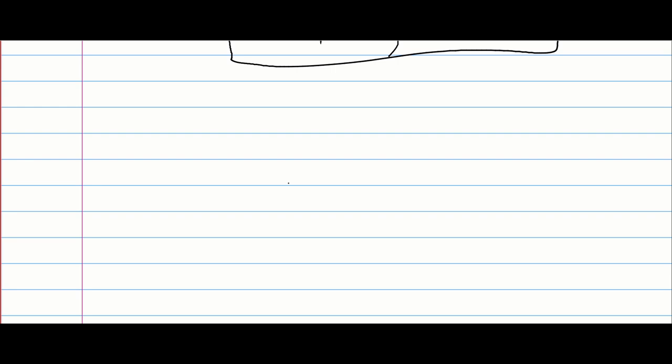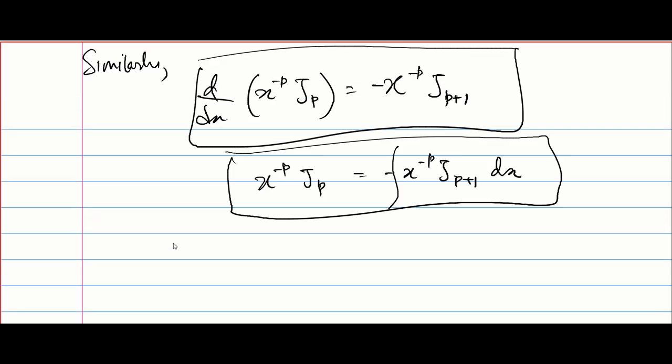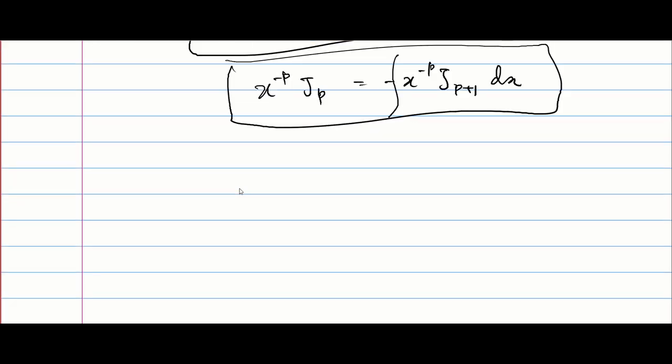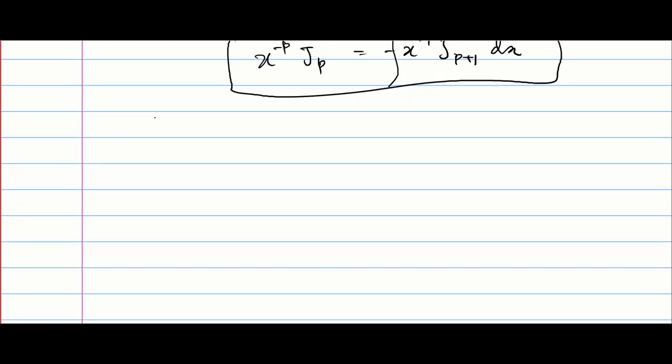Now if we differentiate this equation, let's call it A, then we'll get d/dx of x^p Jp is x^p J p minus 1.